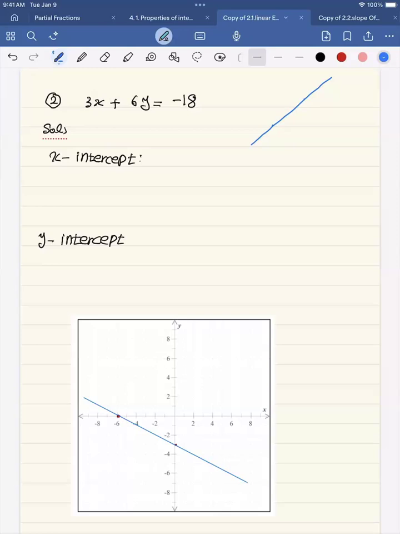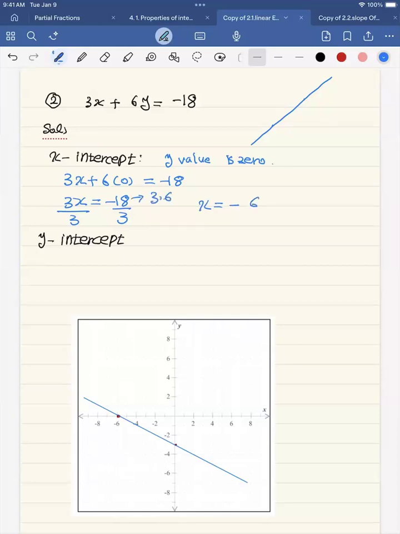I said the x-intercept is where the y value is 0. So we put y value 0 here. Then we have 3x equals negative 18, and we divide by 3 on both sides. Then x equals minus 6 because 18 is 3 times 6, and the 3s will cancel each other.